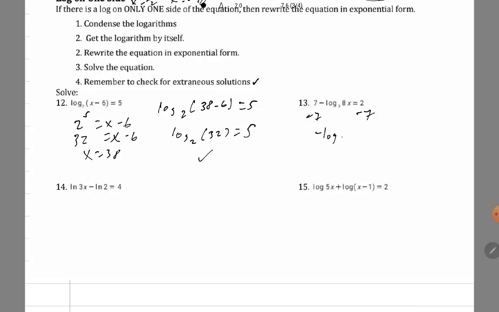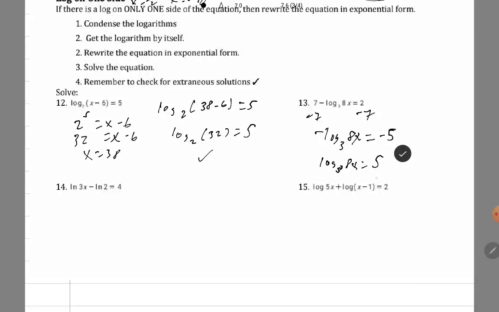So we get negative log base 3 of 8x equals negative 5. And then there's a negative log, so we're going to divide by negative 1 on both sides. So we'll get log base 3 of 8x equals 5.